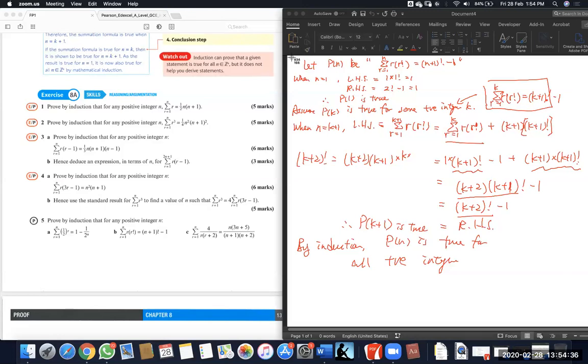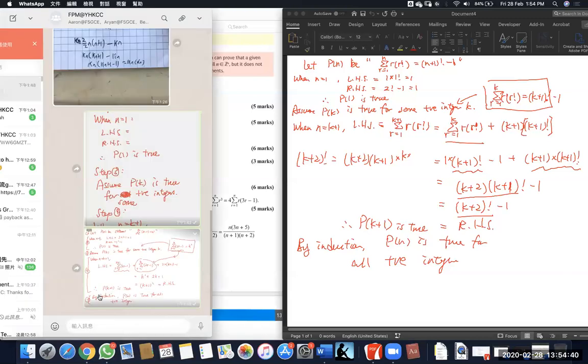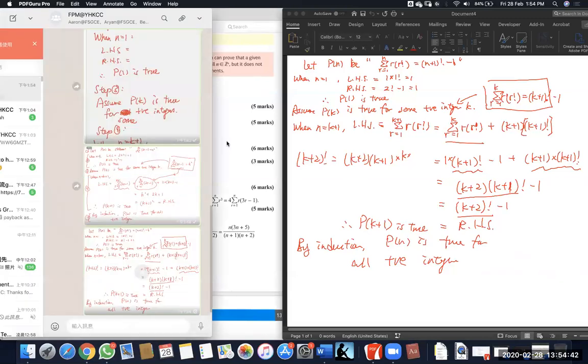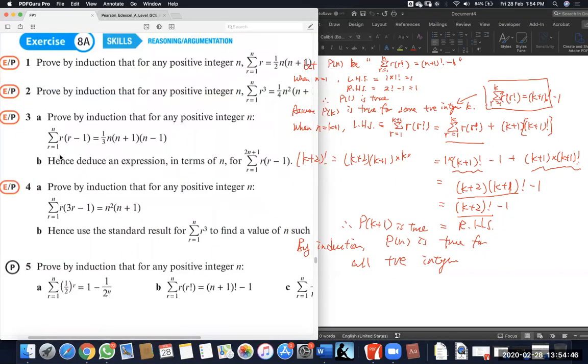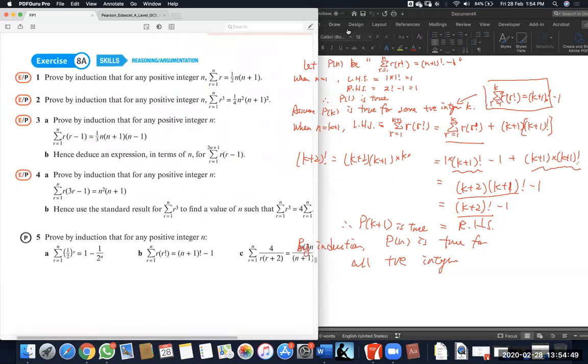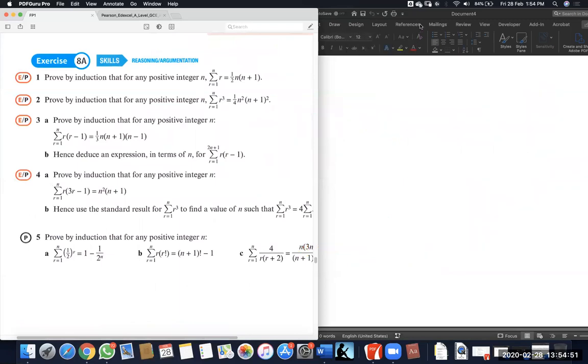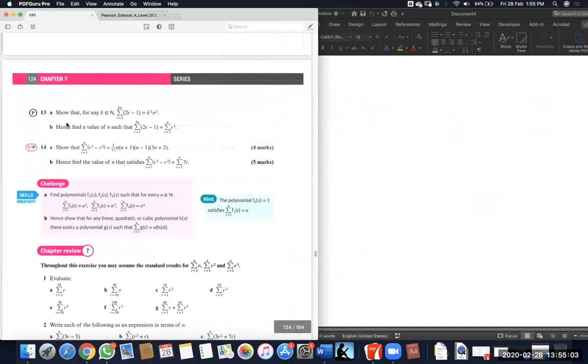So let's see. Now all of you take out a pen and pencil, okay? Can you try to prove question 3A by induction? Now you can only use this kind of method to do question 3A. Of course, you have learned how to prove this formula, not by induction, in last chapter.